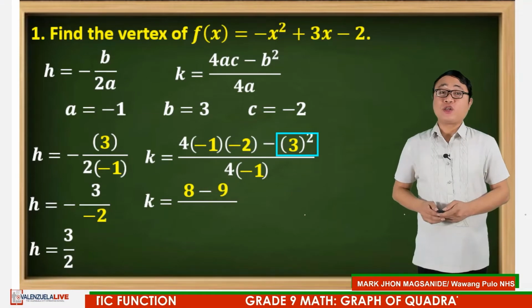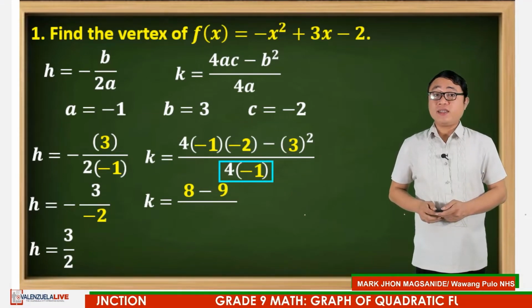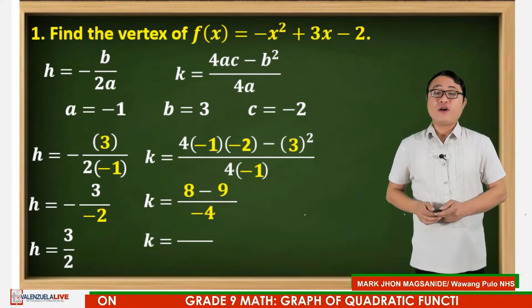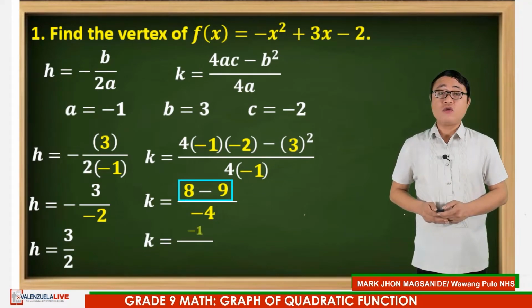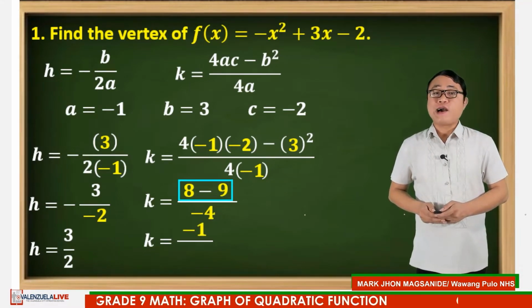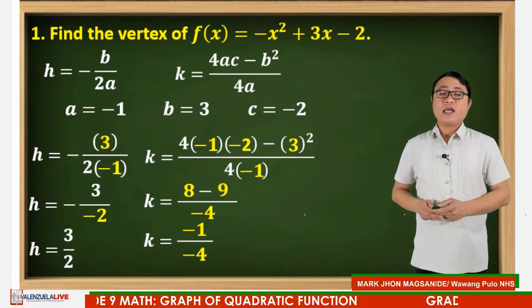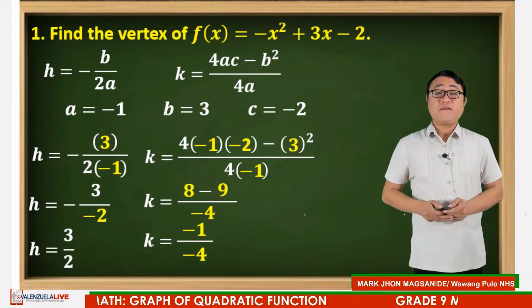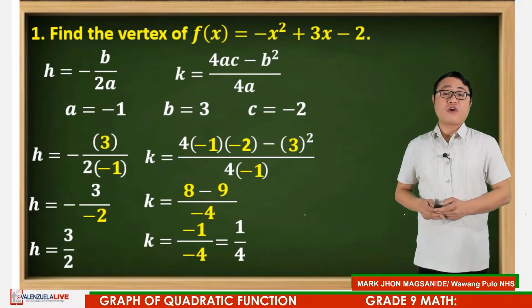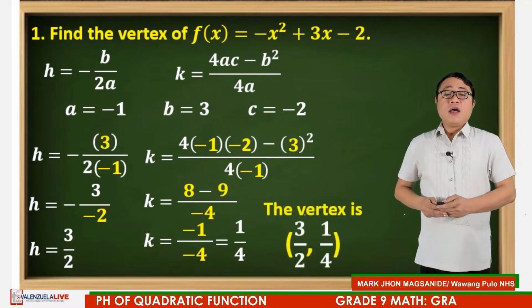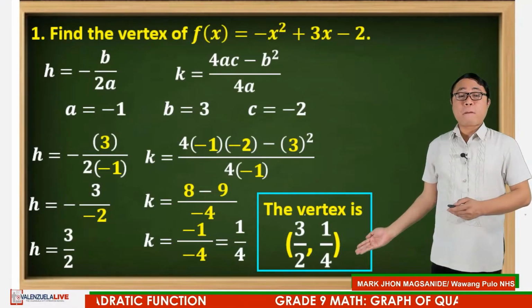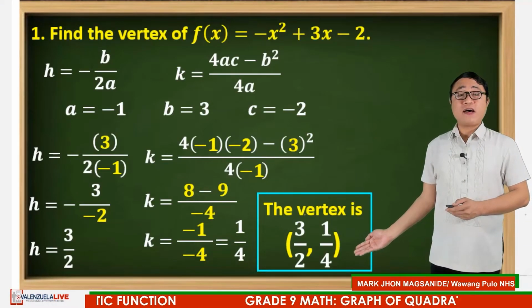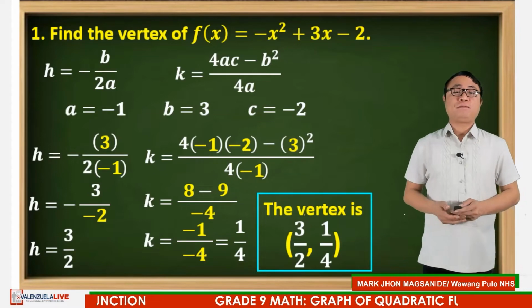For the denominator, 4 times negative 1 is negative 4. Further simplifying, 8 minus 9 is equal to negative 1. Then copy negative 4. And negative 1 divided by negative 4 is 1/4. Now that h and k were solved, we can write the vertex with coordinates 3 halves and 1/4.